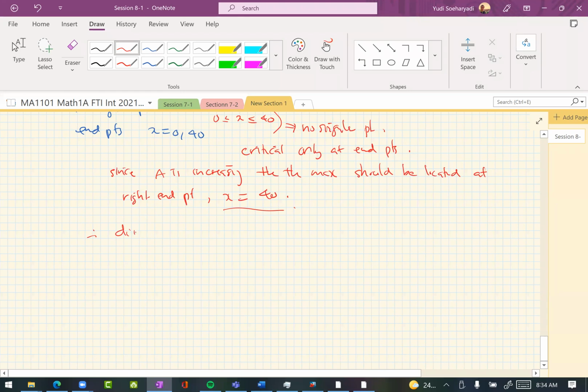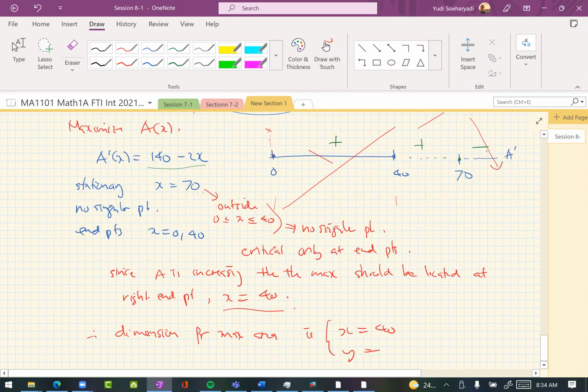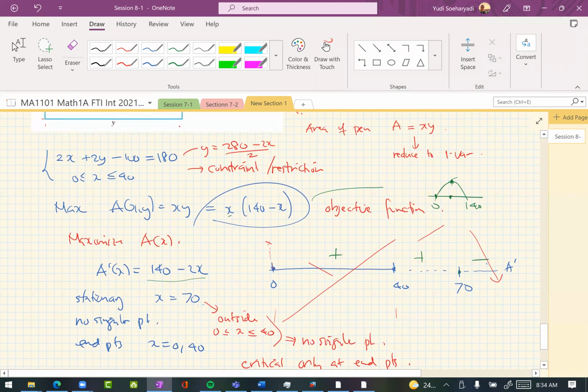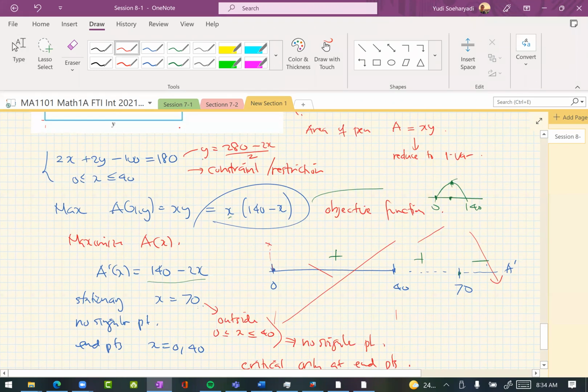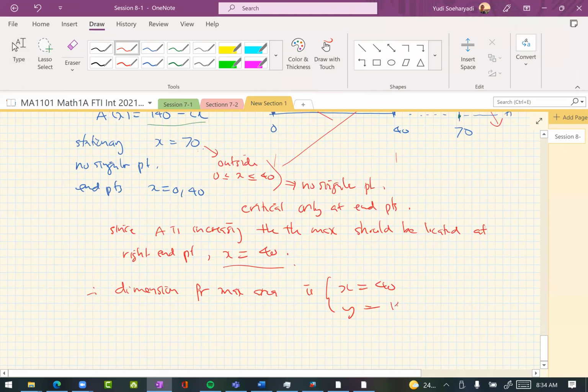So the dimension for maximum area is x equals 40 and y equals, let's see, what is y? So 140 minus.